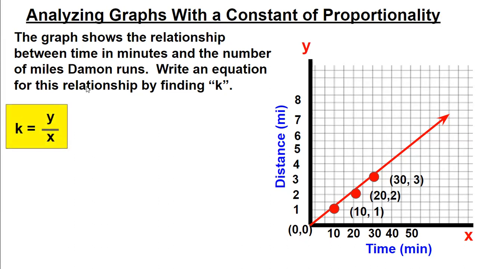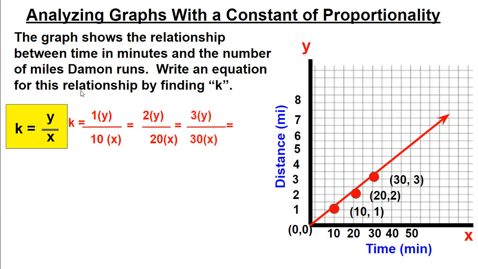So we're going to find K, y divided by x. Y in this case is 1, and x, the time, is 10. And 2 over 20 is also equal to 3 over 30, which if you reduce those all down, is 1 over 10.